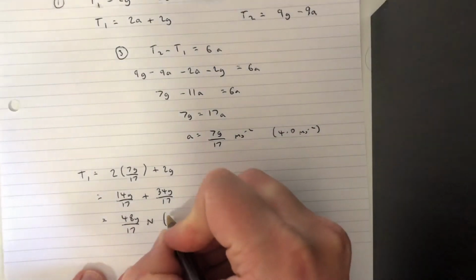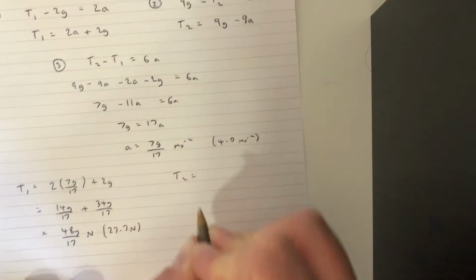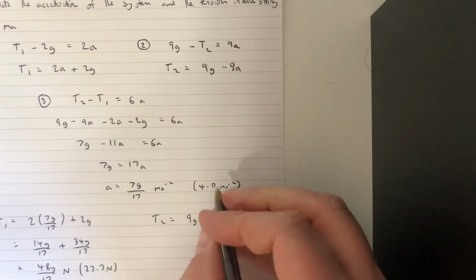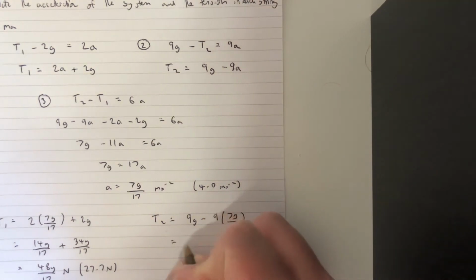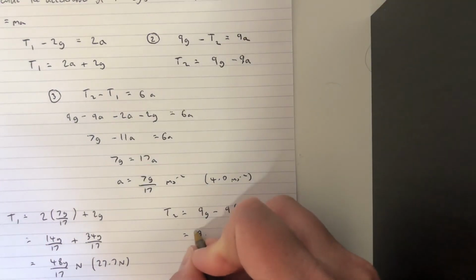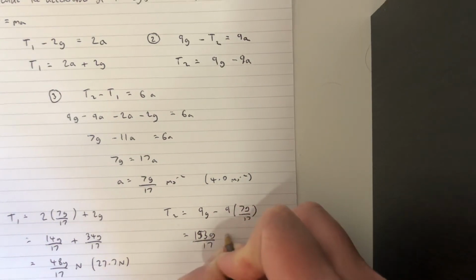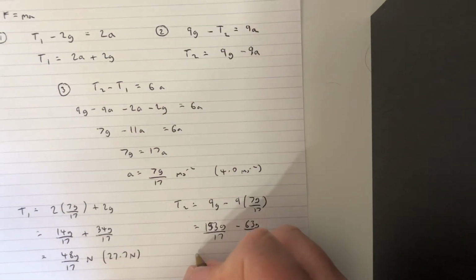So we can have that in terms of newtons, and it's no harder to do T2 as well. That's going to be 9G take away 9A, and A was 7G over 17. Tidying that up, 9 times 17 is 153, so 153G over 17, take away 63G over 17, gives me 90G over 17.